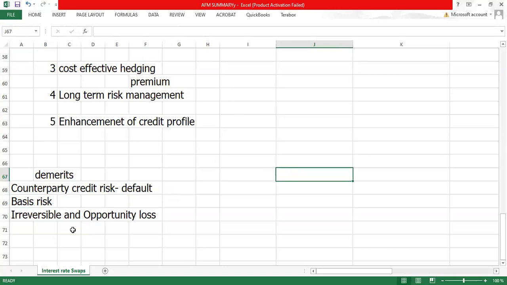This point you should always put in almost every demerit of these instruments. Whether you're dealing with options, futures, or forward rates, this point of opportunity loss will always be there.